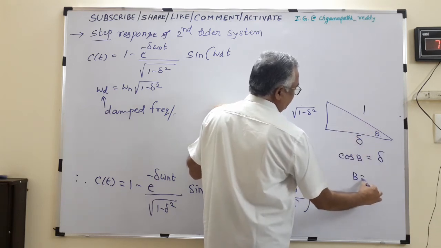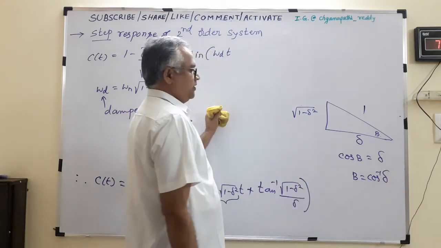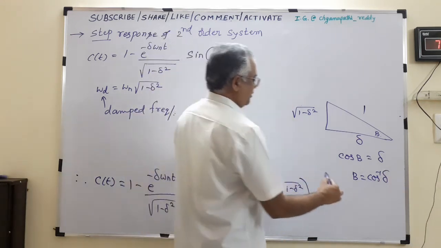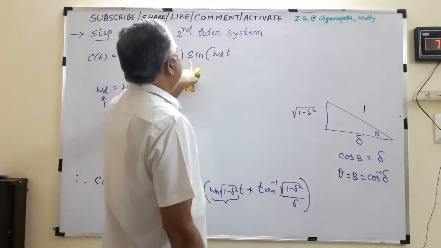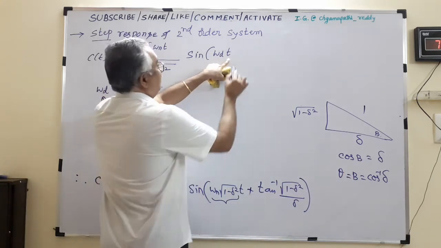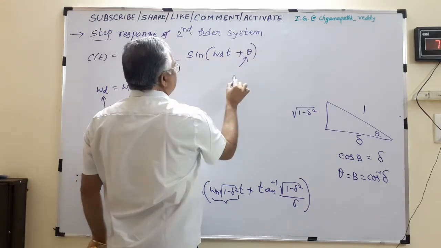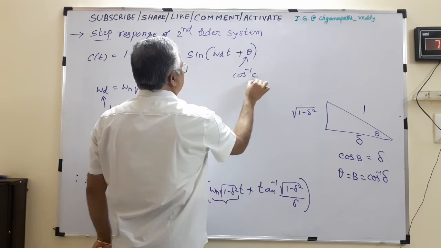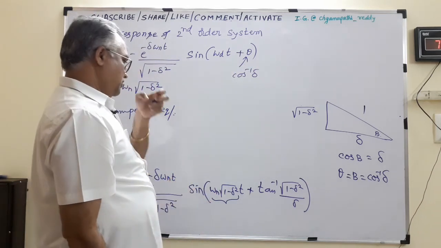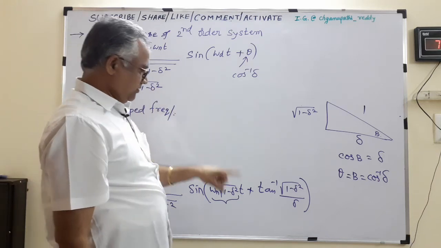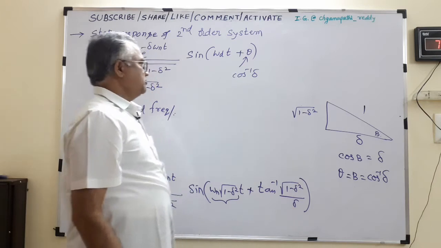So what is b? Cos inverse delta. This b later we call it as theta. So sin omega dt plus theta, this theta is cos inverse delta. Cos inverse delta is equal to tan inverse this by this. Trigonometry concept, both are equal.